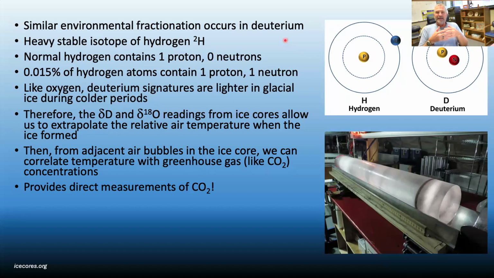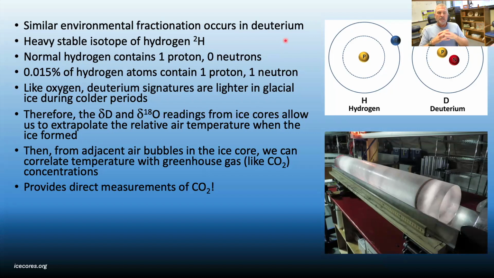And here again, the deuterium signals, right? The amount of deuterium that we're able to find is lighter or less in glacial ice during these colder periods. Okay. So the readings between deuterium and oxygen 18 allow us to extrapolate the relative air temperature when ice was formed.